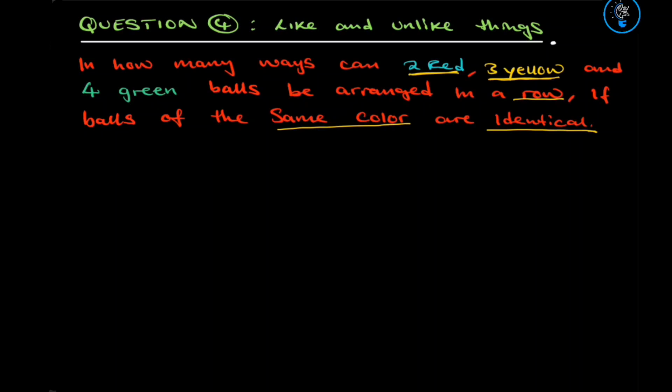Items in each group are identical, so we need to take that into consideration. If a question of this kind came in an exam, you need to use a formula known as the permutation of multisets.